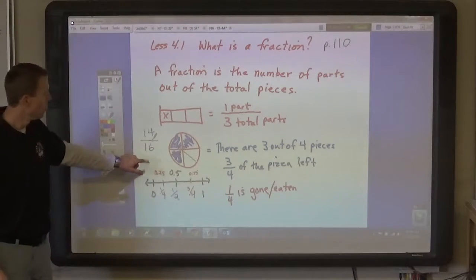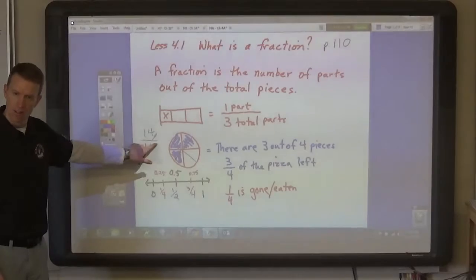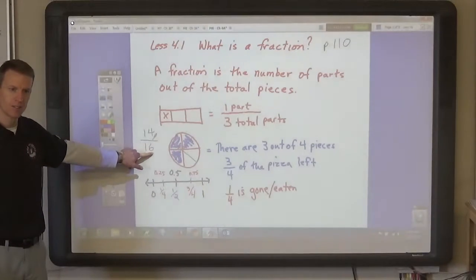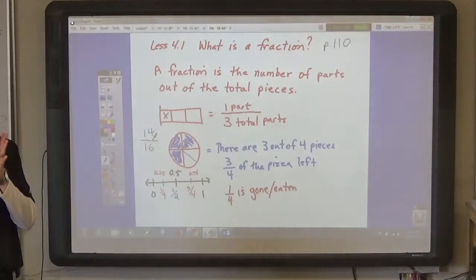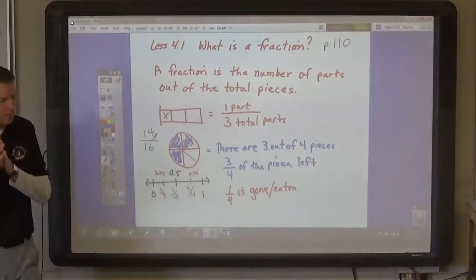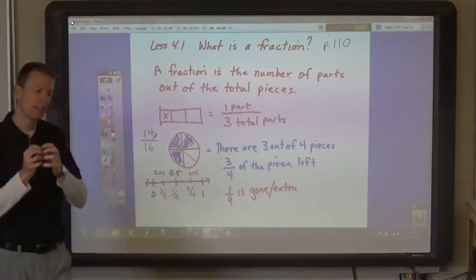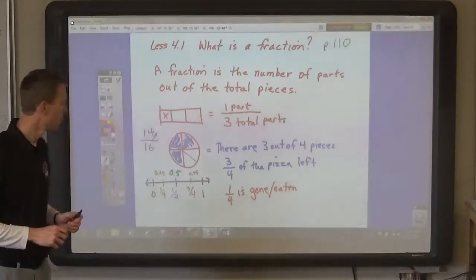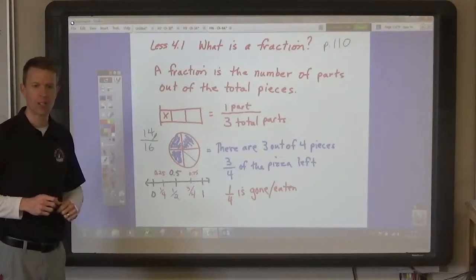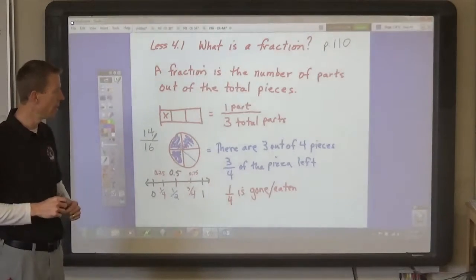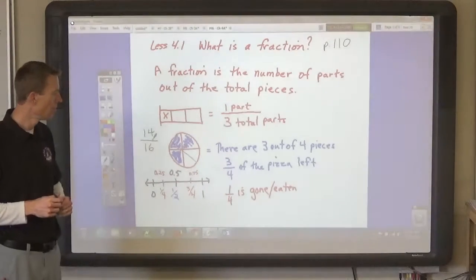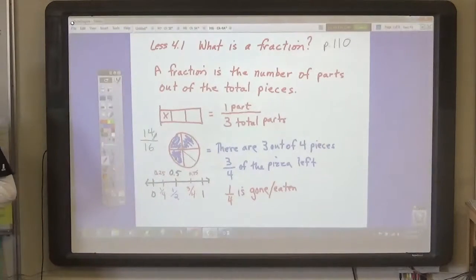And so, generally speaking, the bigger the denominator, the smaller the size of the piece. Okay? That's going to be important later when we're adding and subtracting fractions. We have to add and subtract fractions that have the same size pieces, or the same denominator.